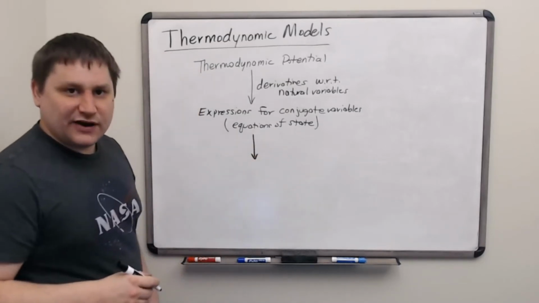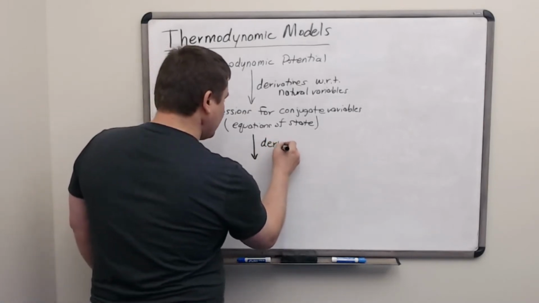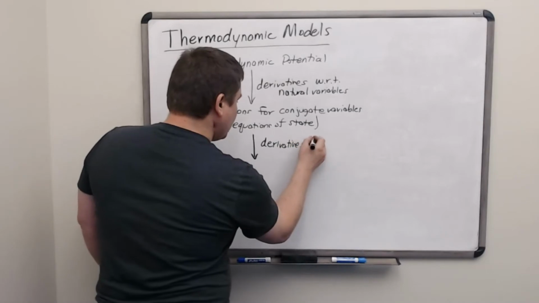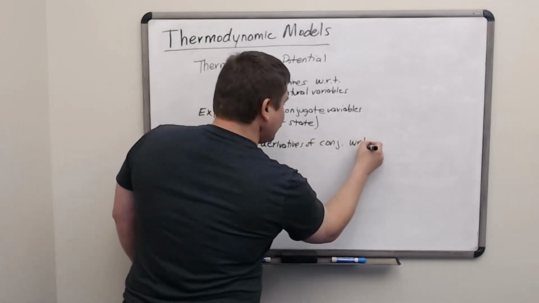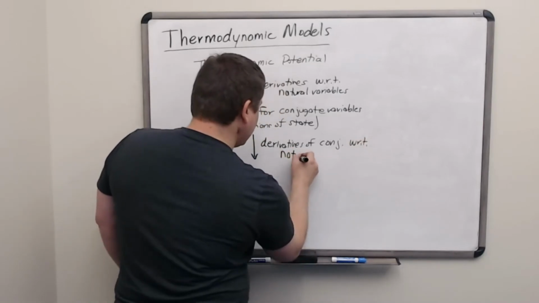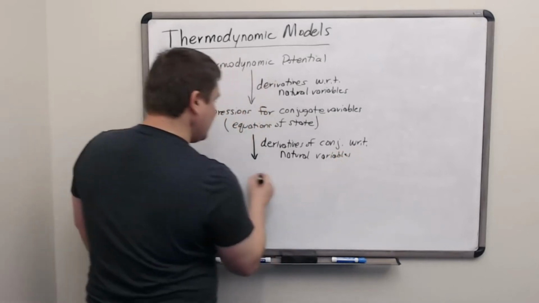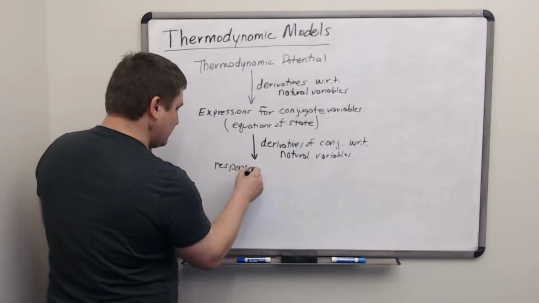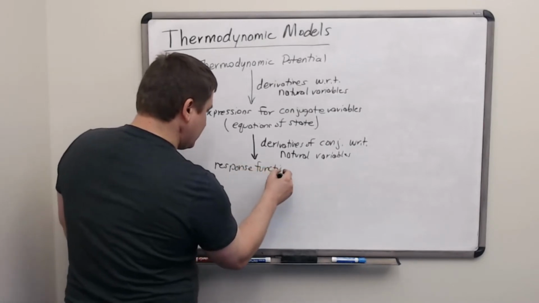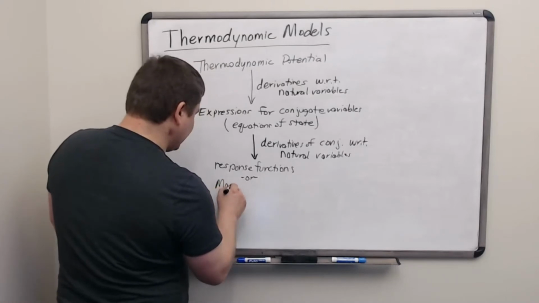Once we have these equations of state, we can then take derivatives of the conjugate variables with respect to the natural variables to get response functions or Maxwell relations.